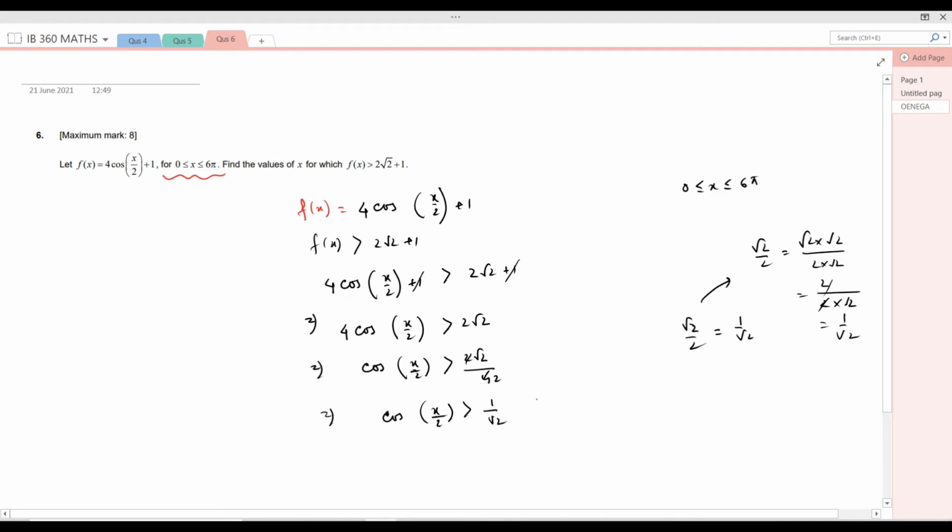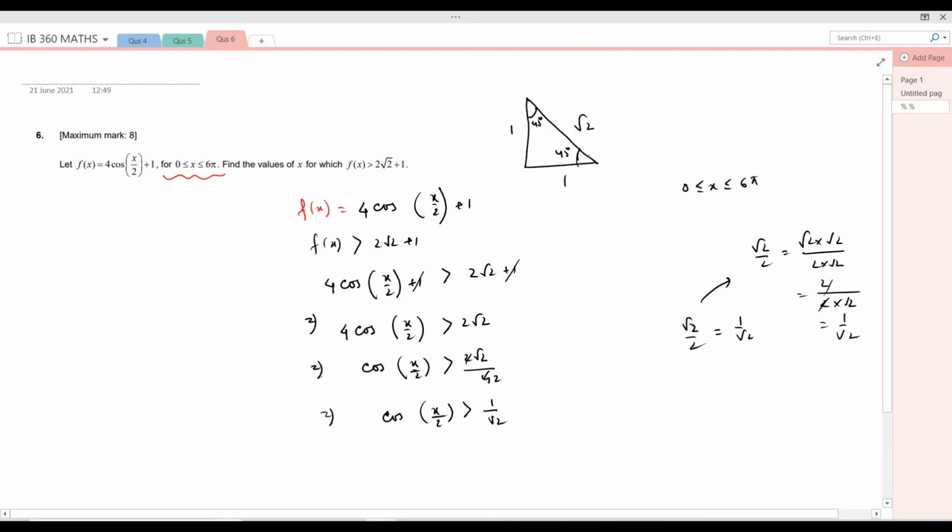Now if we draw a right-angled triangle, you will get to know this fact. If this is 1, this is 1 and this is root 2, then this angle is 45 degrees, and for that particular triangle, cos of 45 will give you 1 by root 2.